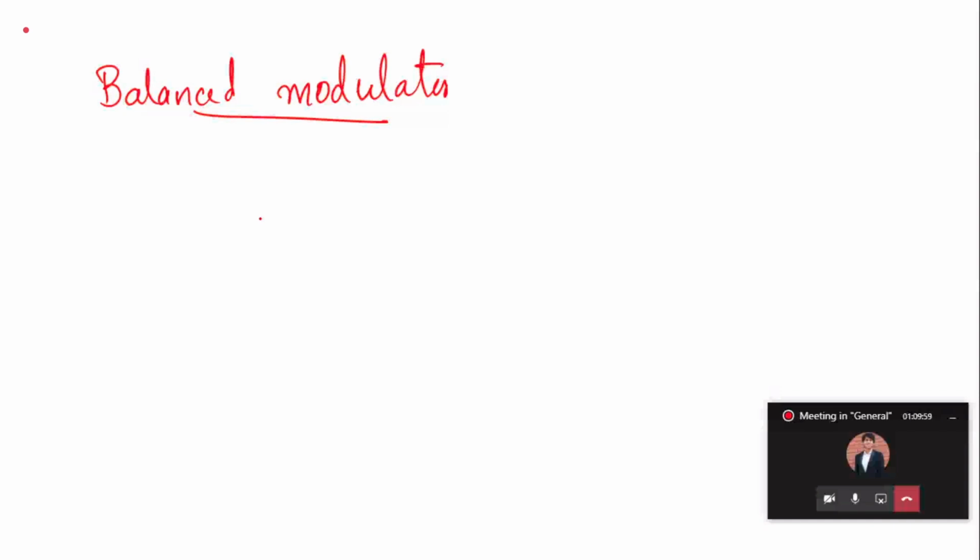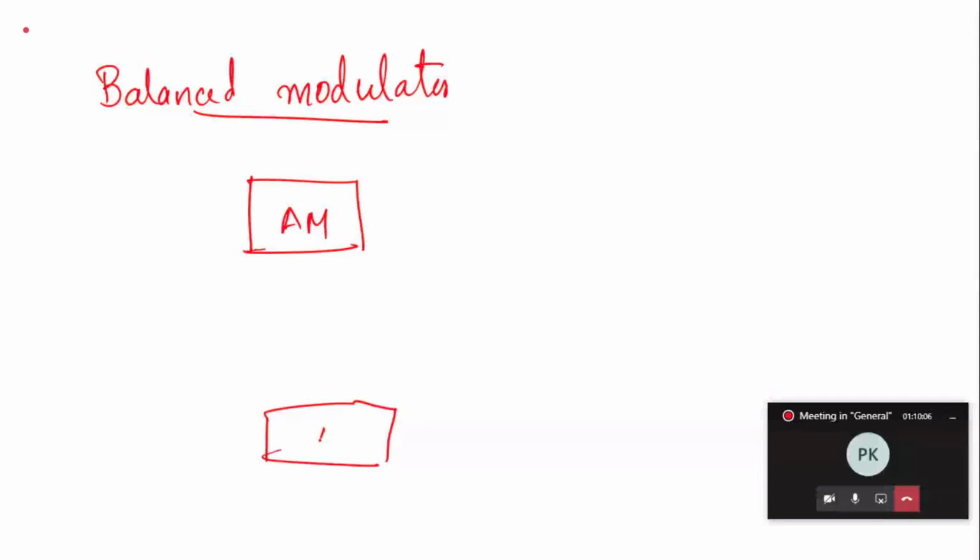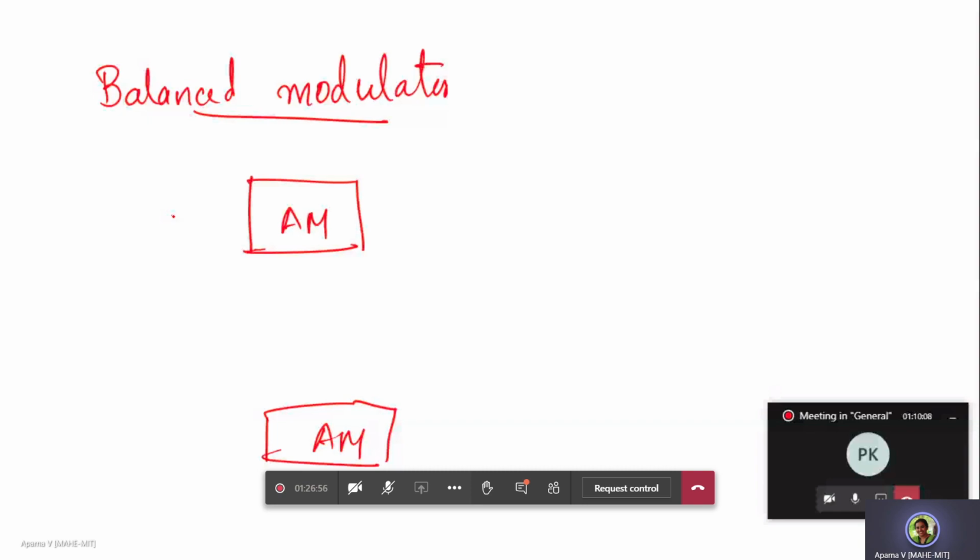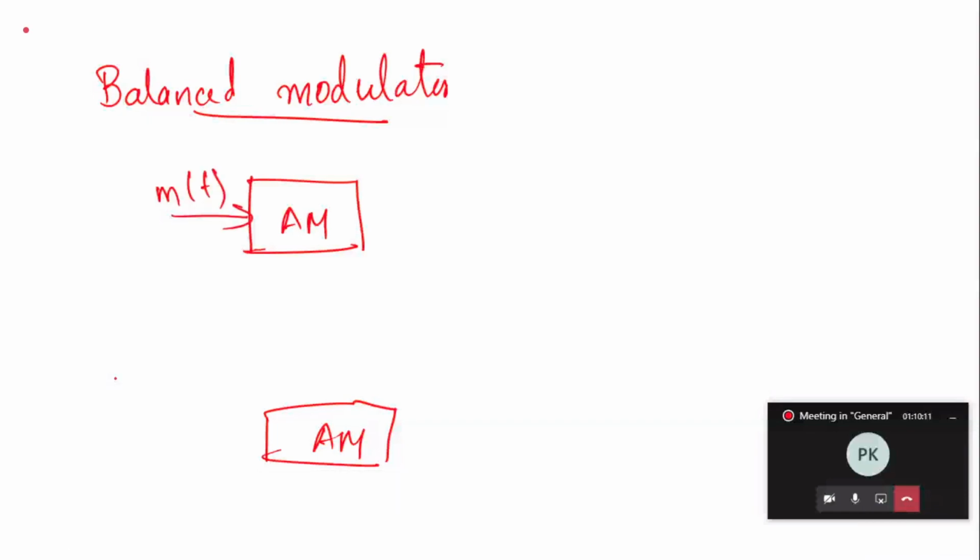So the balanced modulator consists of two AM modulators. One AM, next is another AM modulator. You have message signal m(t) as input here, negated m(t) as input here, and you are supplying the carrier from an oscillator.